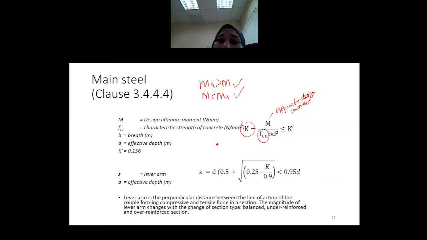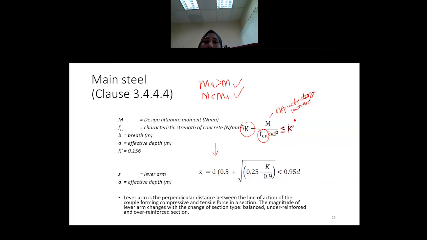So normally lepas kita kira K terus kita kira Z. So sebenarnya kita kira K, this coefficient is to calculate Z. Okay. So, sekejap. Lupa pula nak cakap. So, that's why kita kena calculate K. Okay, and kita mesti make sure that the value of K ni must be less than K prime.